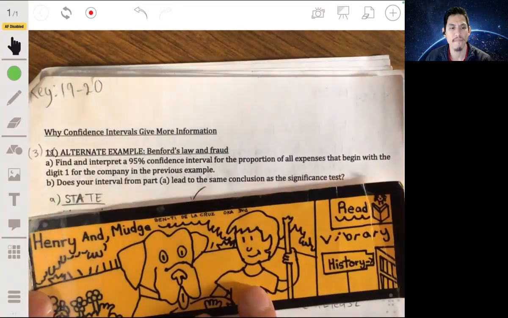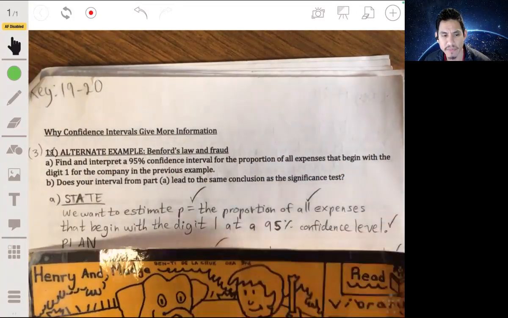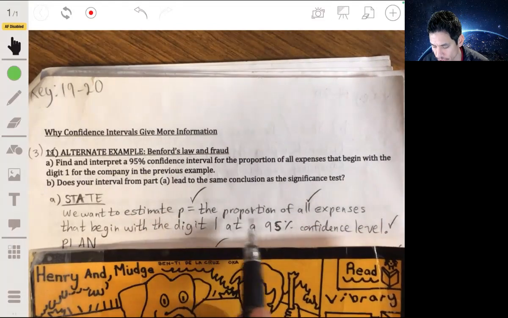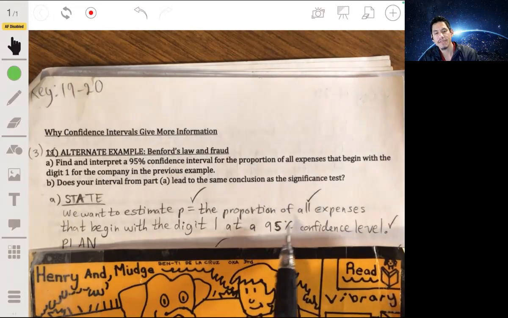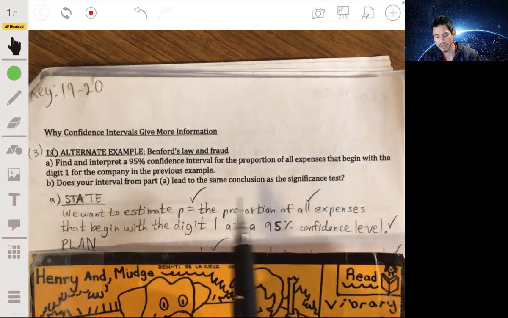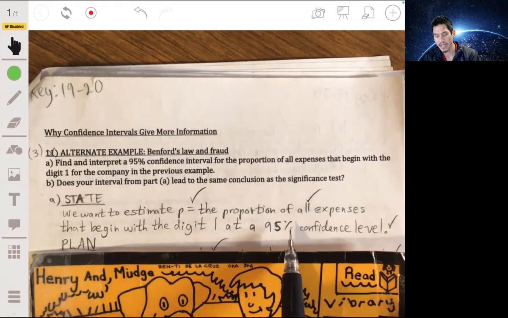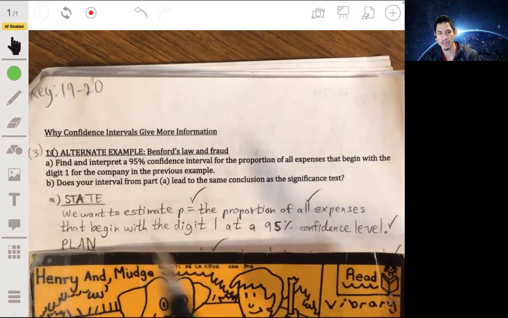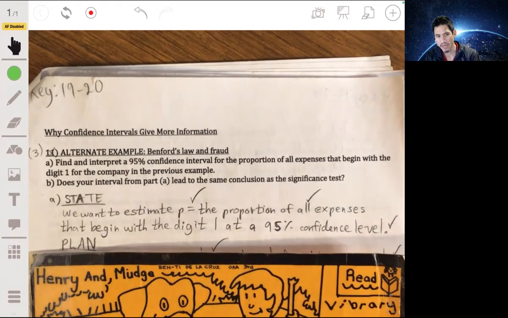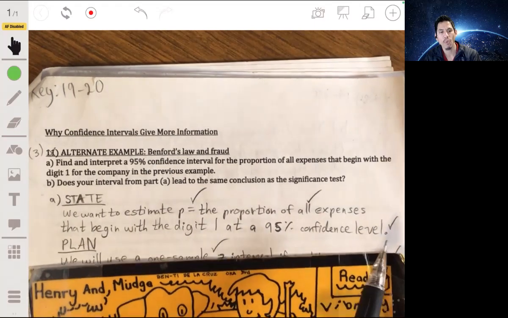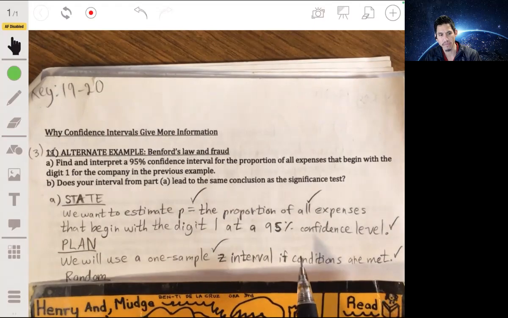Start with our state. We would like to estimate p, the true proportion of all expenses that begin with the digit 1 at a 95% confidence level. So remember, still define the parameter and the confidence level, all in context. Our plan: we want to construct a 1 sample Z interval if the conditions are met.